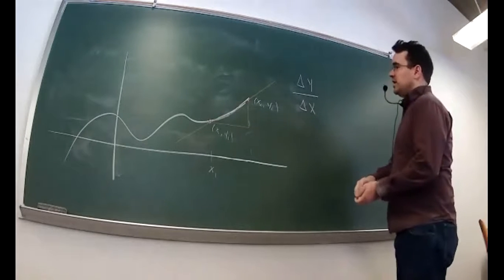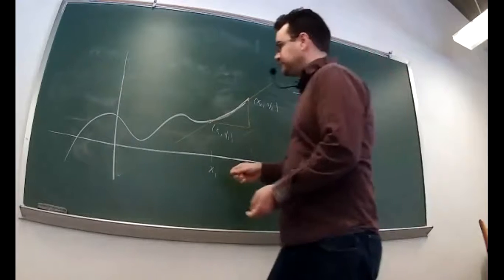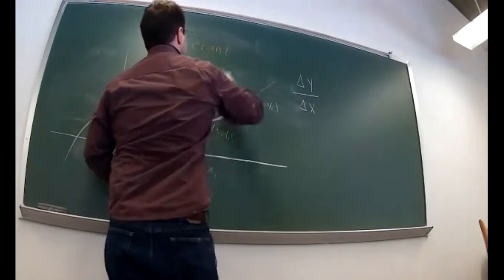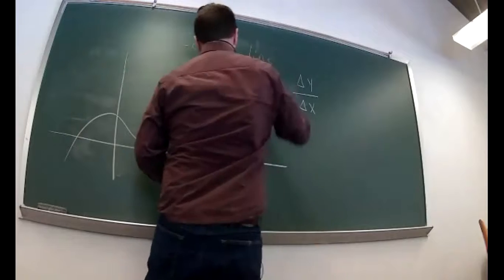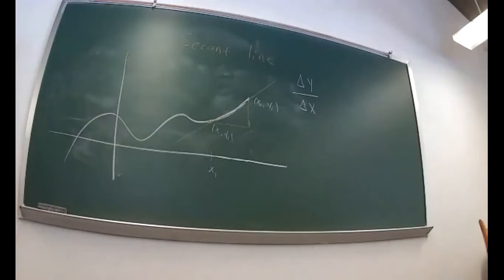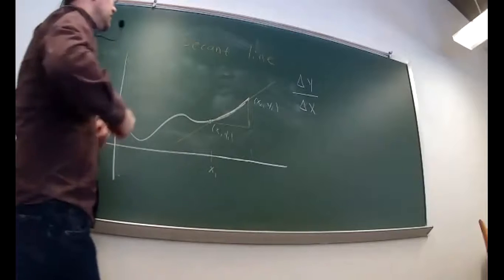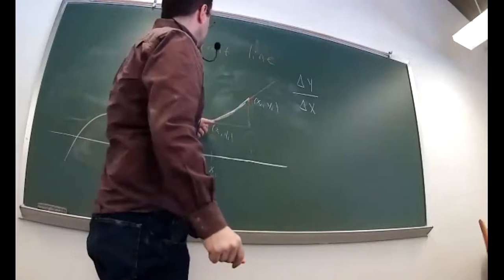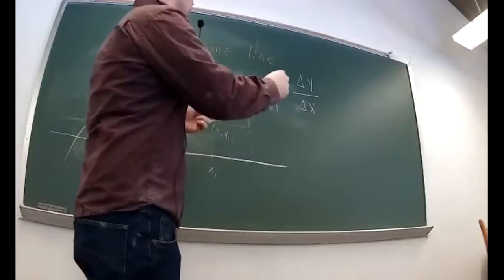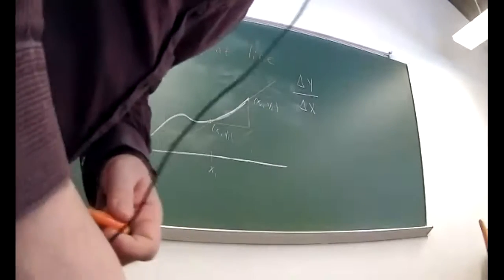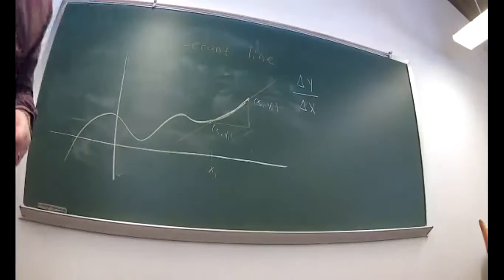And so the orange line is what we call a secant line. A line is a secant line for some function if it's the straight line going through 2 points on the graph of that function. I'm just trying to check and see if that's visible.